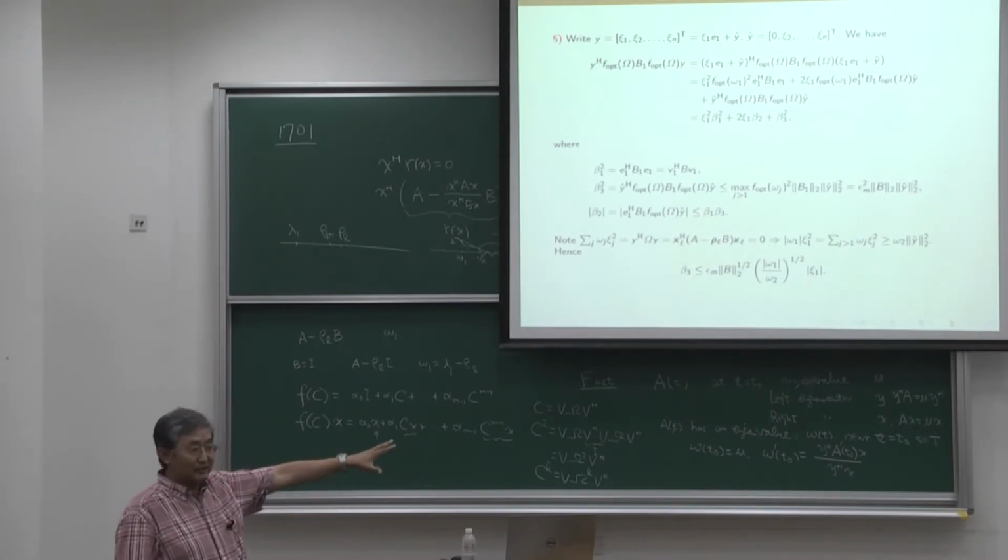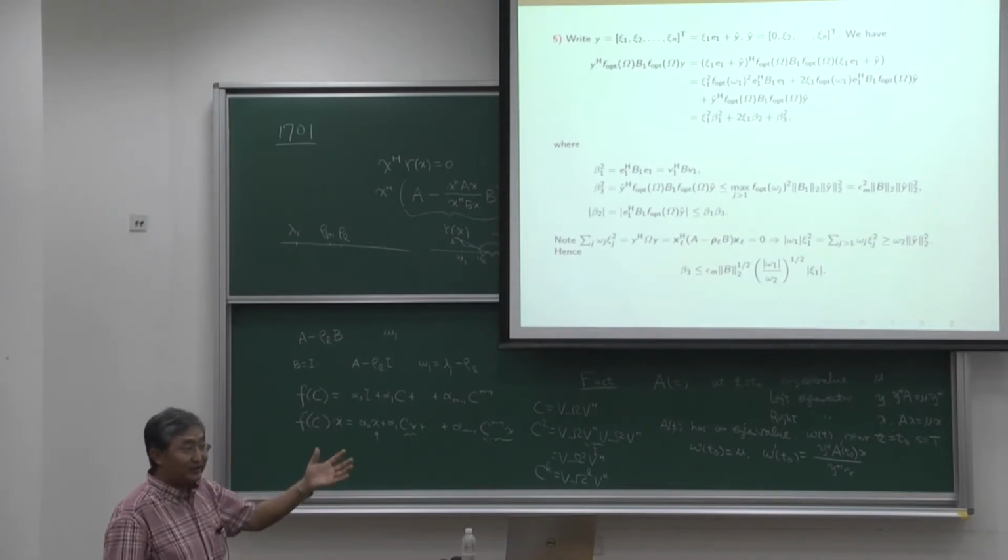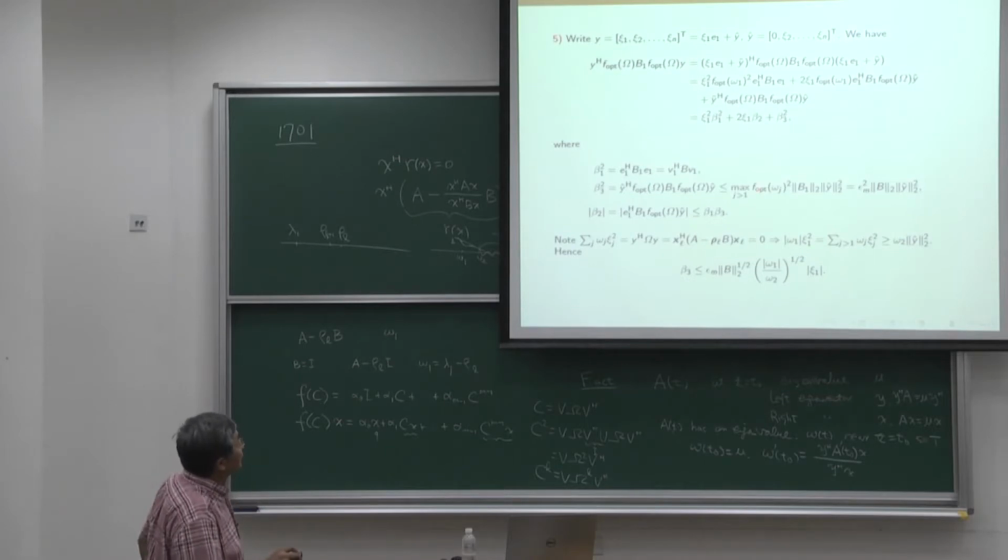Omega 1 is gone. The rest of the omegas are actually less than 1. So you take that out, estimate, and you get epsilon m squared less than 1, and the norm of B1 is the same as the norm of B2, and then the 2-norm of y hat, the rest. Beta 2, this is beta 2.